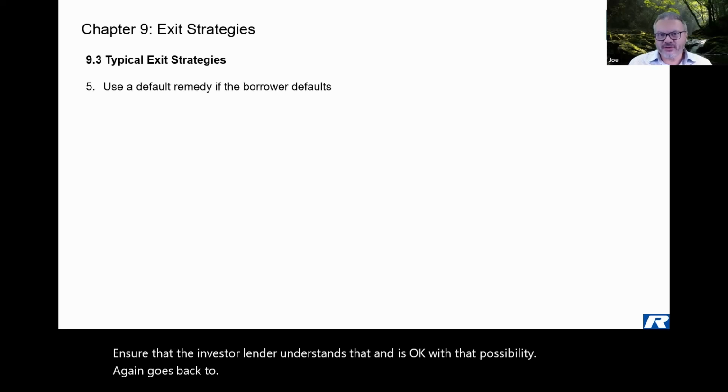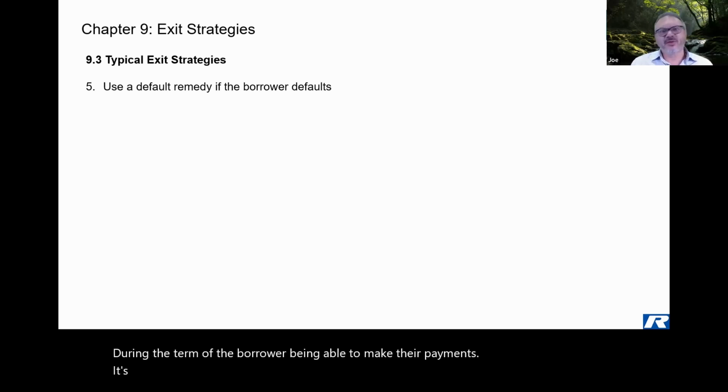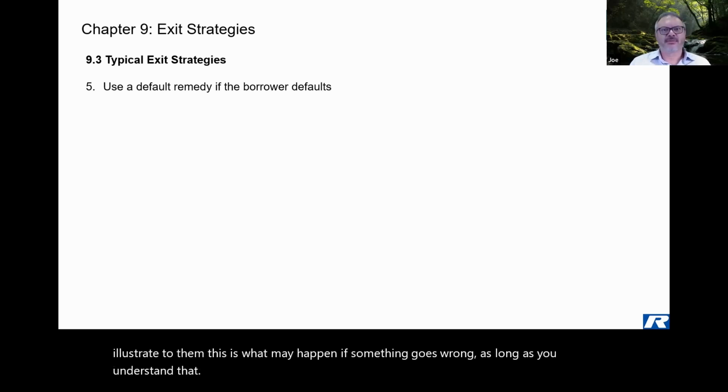It again goes back to understanding the risks during the term of the borrower being able to make their payments. It's not enough that we say there's enough equity in case something goes wrong. We need to illustrate to them, this is what may happen if something goes wrong. As long as you understand that, then we're good.